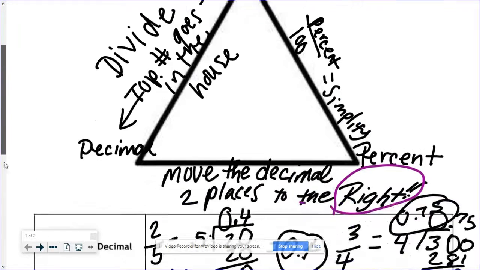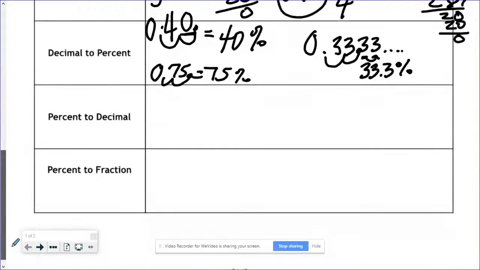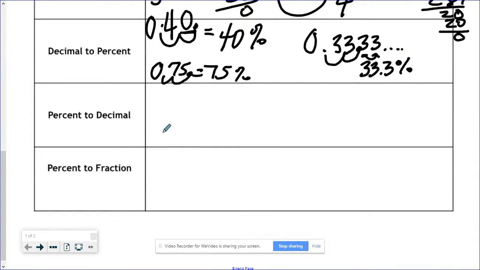So if I want to go from a percent to a fraction, I skipped this. We'll come back to this. If I want to go from a percent to a fraction, let's say I have 40%. Drop the percent sign because you're not going to write a fraction with a percent sign. The bottom is going to be 100. The top is going to be 40. And then from here, you want to simplify. I think I can divide them both by 20.